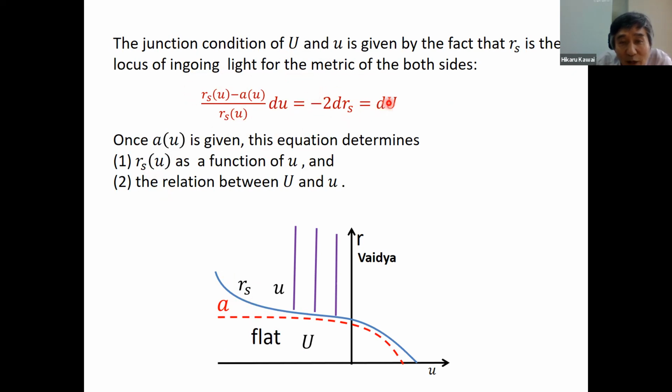And by equating the two, now that we know a(u) and R_s(u), this gives a ratio between dU and du. So the relation between capital U and small u is obtained.